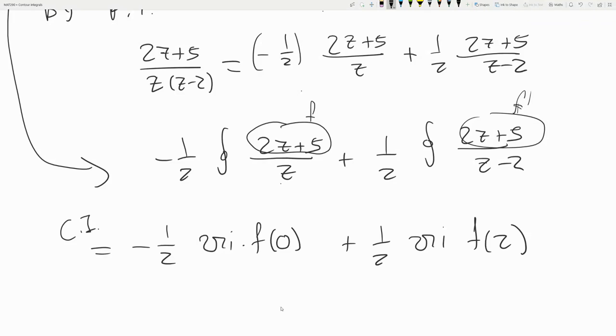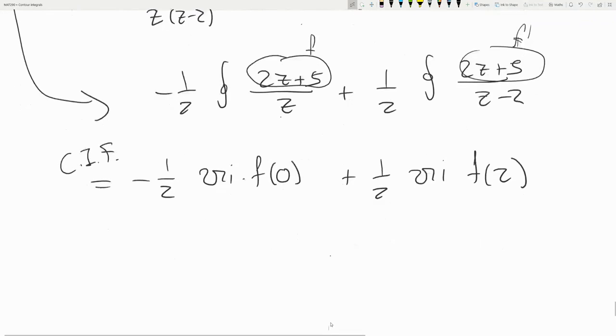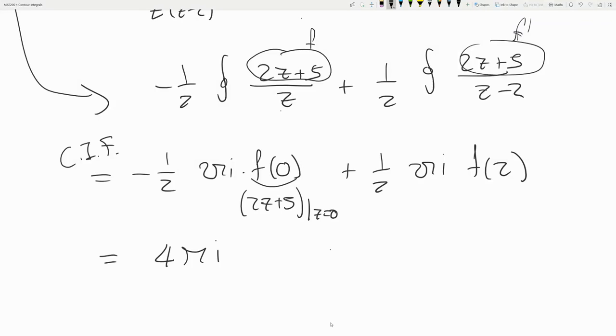So this is Cauchy integral formula. Okay, so if you evaluate this, yeah, you get 4 pi i. Okay, so here we mean 2z plus 5 at z equals 0, and 2z plus 5 at z equals 2. Okay, good.